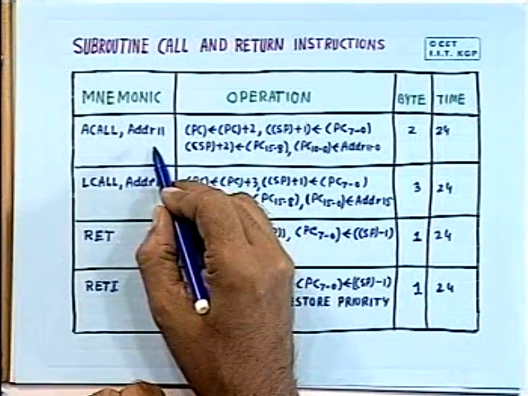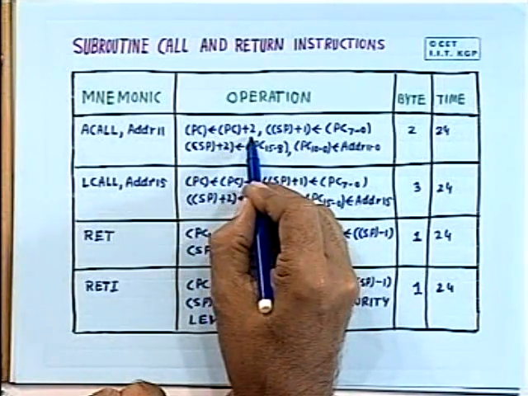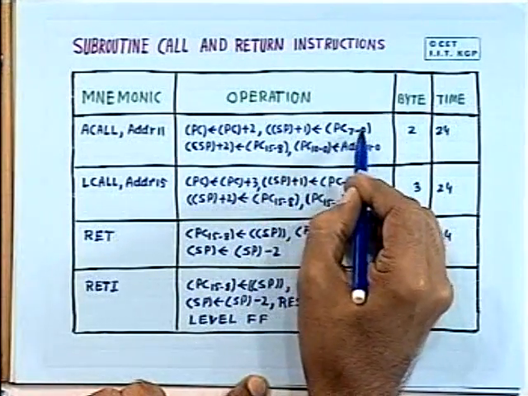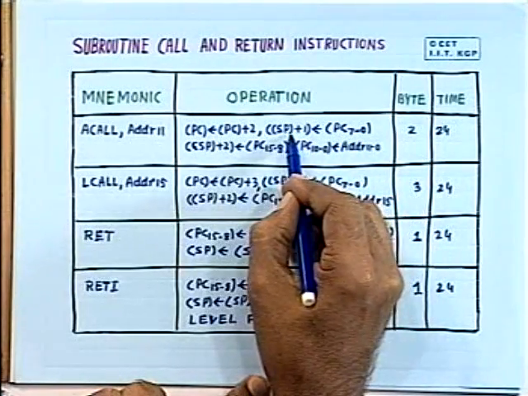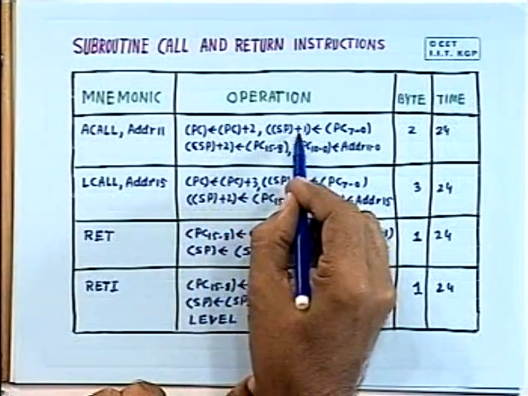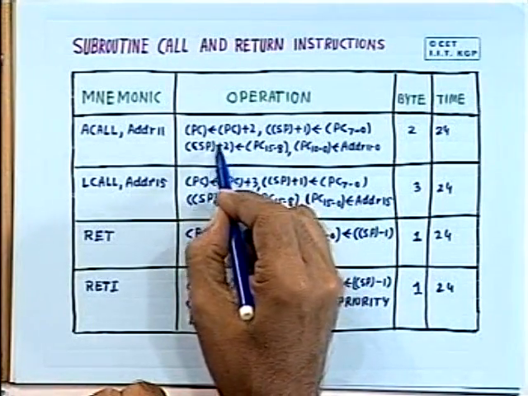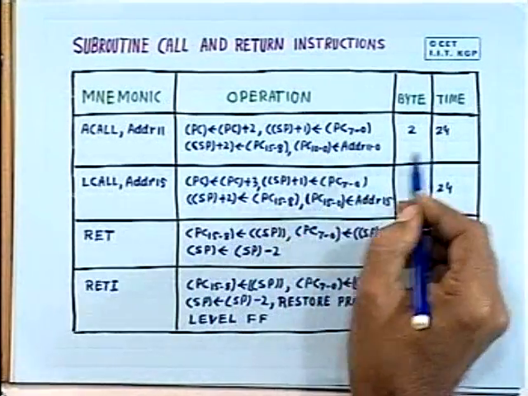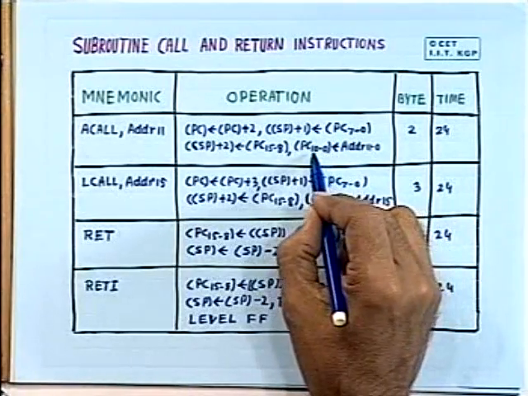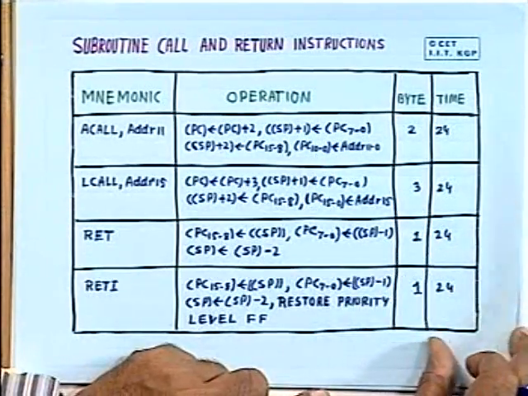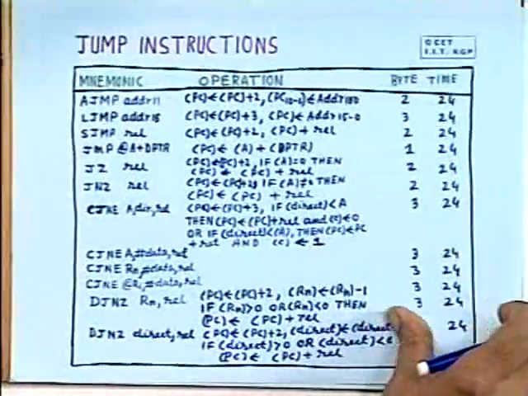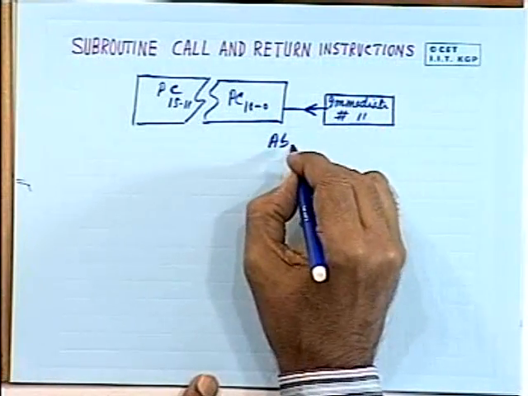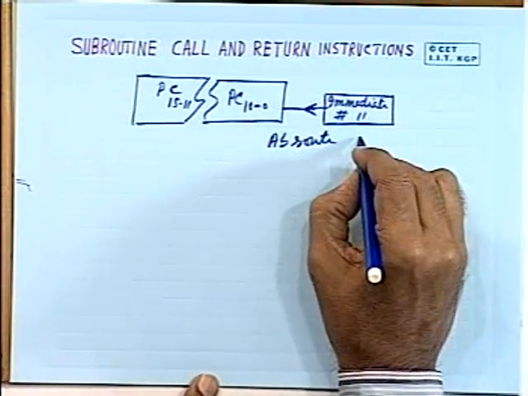Whenever you execute this instruction, the program counter is incremented by 2, and the stack pointer is post incremented, where the lower order byte of the program counter is pushed, and the higher order byte is pushed to the next memory location after incrementing the program counter. Then the 11 bits are shifted to PC 0 to 10, and this is called the absolute subroutine call.